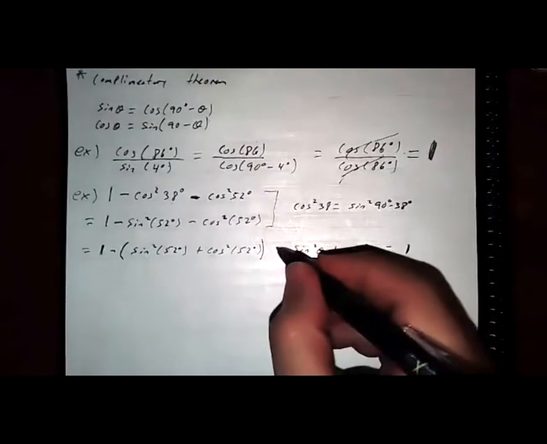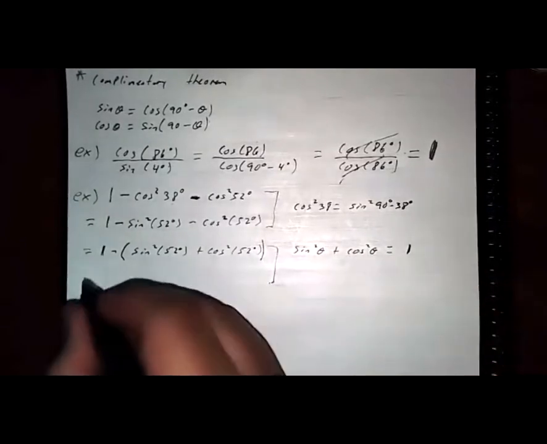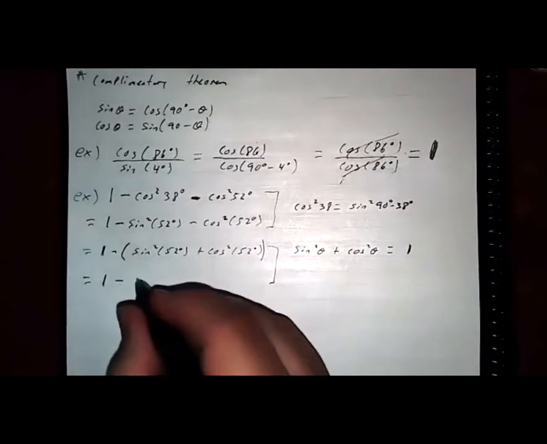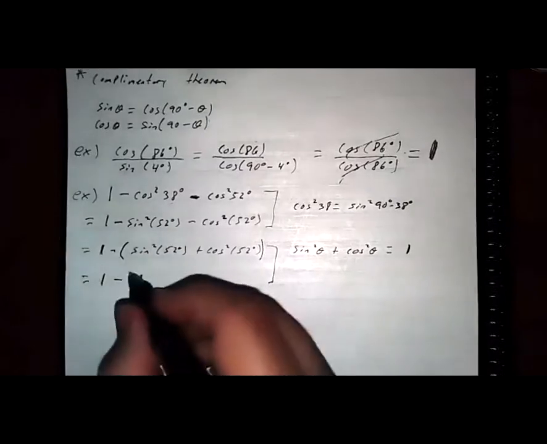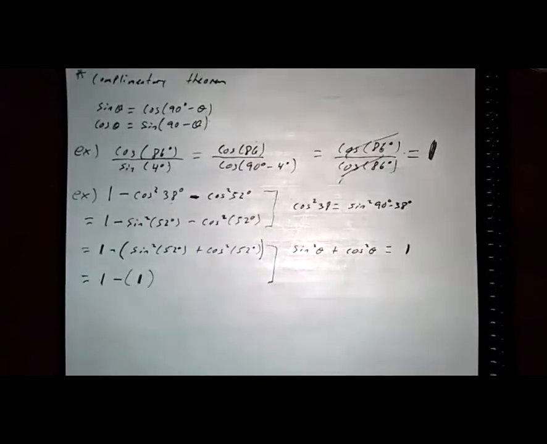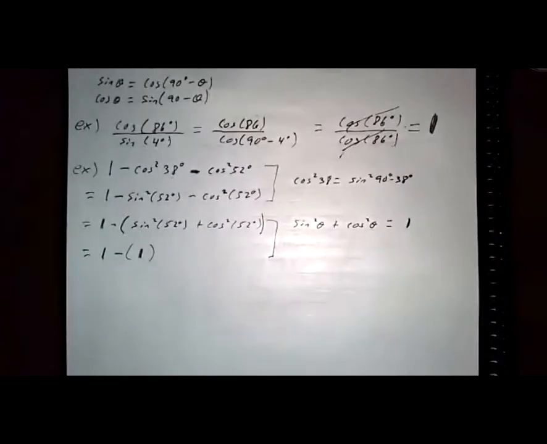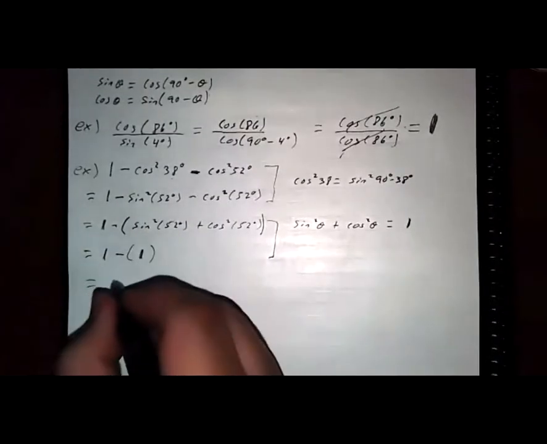From here to here, we're going to use that theorem, or that identity, I guess. It'll be 1 minus 1, right? All this is 1, that's inside the parentheses, technically. So then that will be 0.